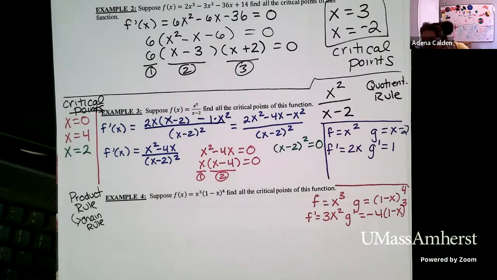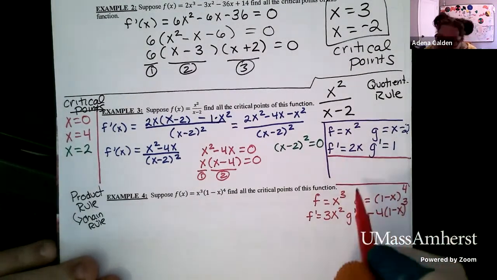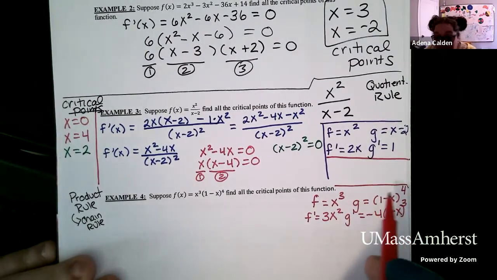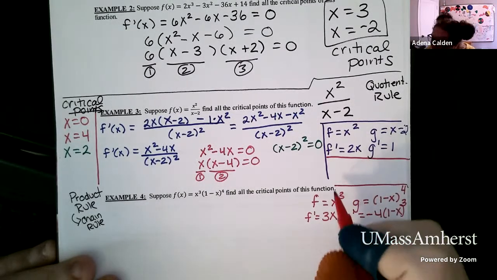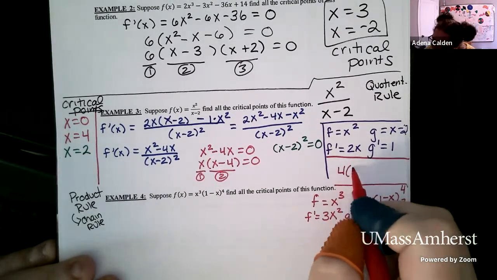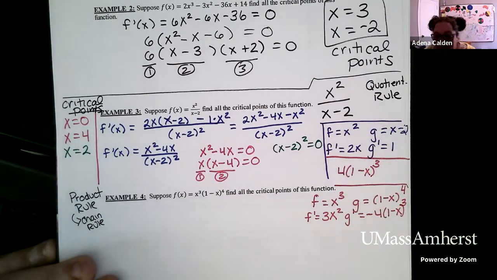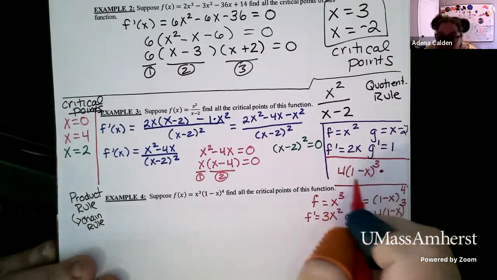So I did this all in one step, but you certainly can do it in multiple steps. I'm going to do the work just a little bit on the side so you can see where I came up with that. I'll do it right above. So I was using the outside inside rule for parentheses to a power. I started by doing the outside part of it, and the 4 came down, everything inside stayed the same, and I subtract 1 from the power. But then I have to multiply that by the derivative of the inside.